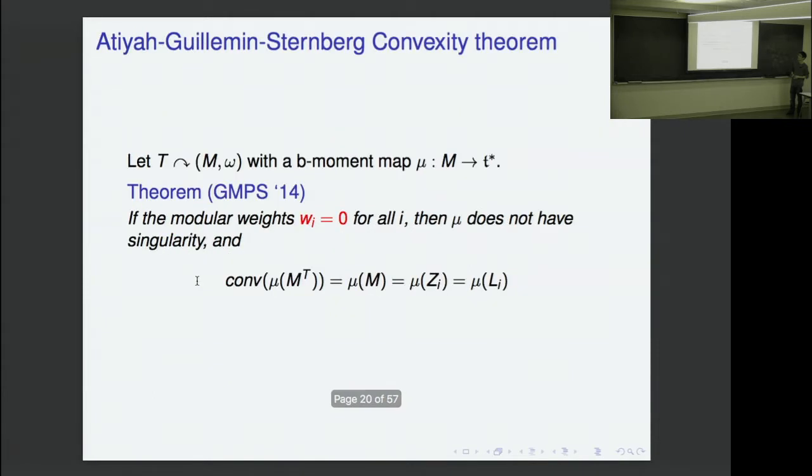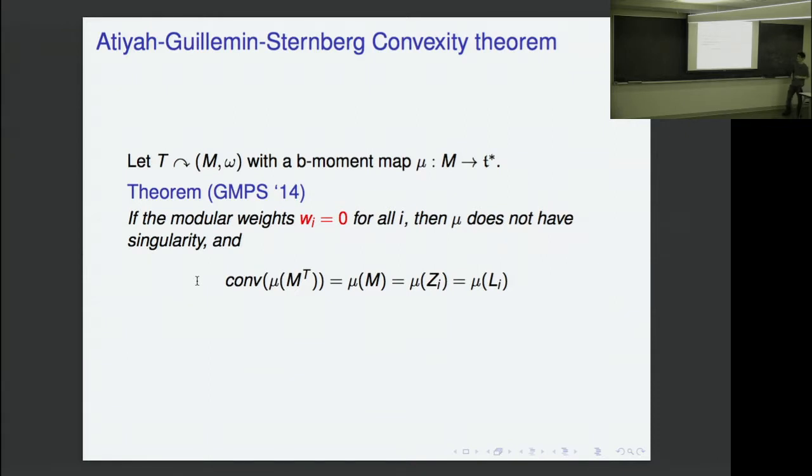And the main theorem of the work of GMPS is the Atiyah-Guillemin-Sternberg Convexity theorem in the b-symplectic case. And we will divide our discussion in two cases. Case one is when the modular weights are 0, as we remarked before. The modular weights measure the singularity.